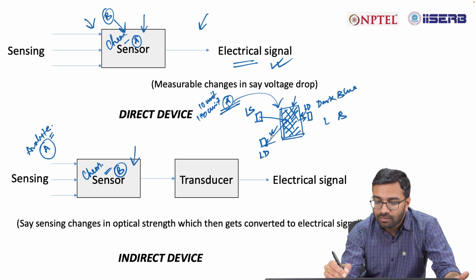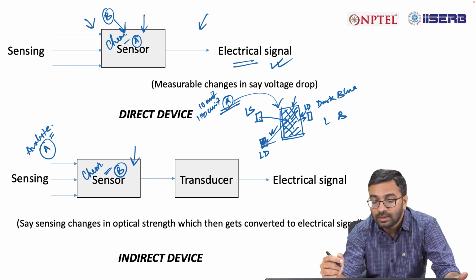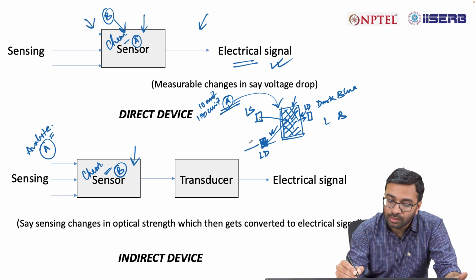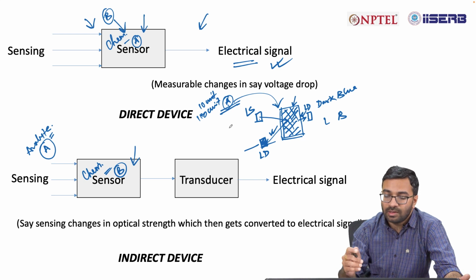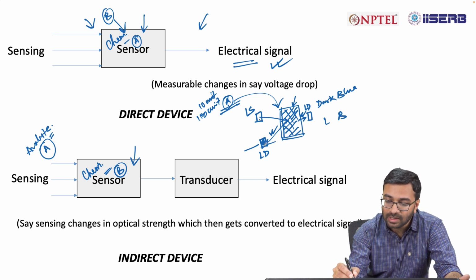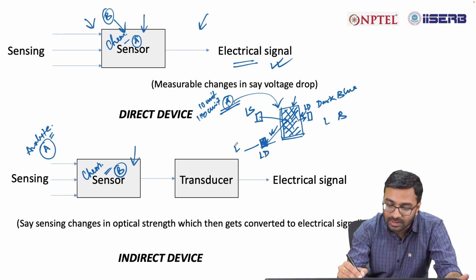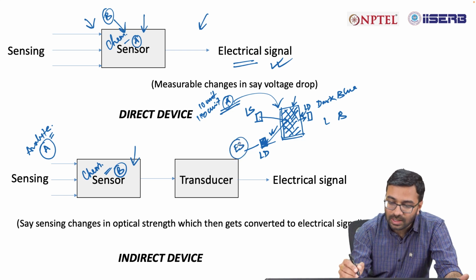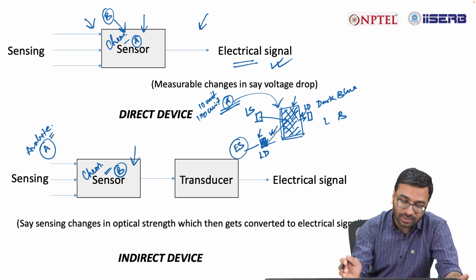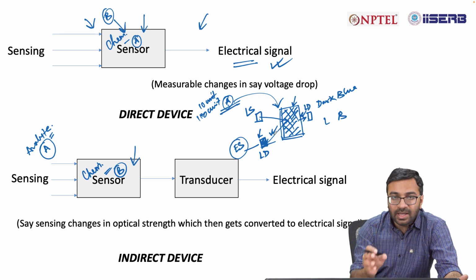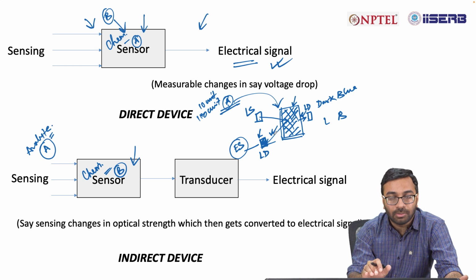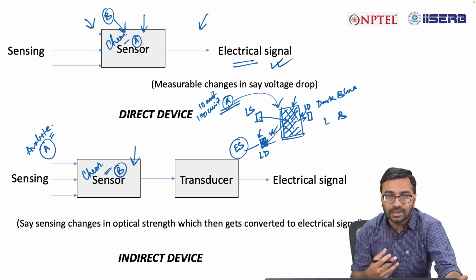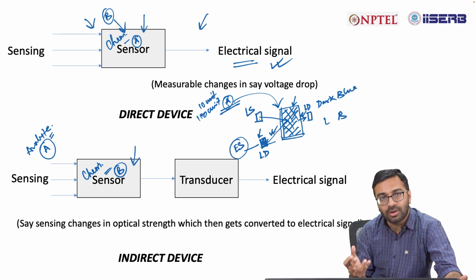Now if you detect the reflected optical signal using a photodetector or light detector, you will get a certain sort of output for different colors. If the concentration is high, you will get the output, because the output from the light detector is an electrical signal. So there is a transducer here. The transducer is placed after the sensor, electrical transducer I am talking about, because ultimately we need an electrical signal in order to process that in an electronic system.